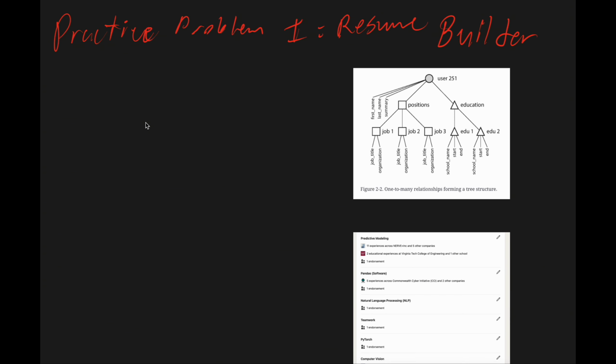So to solidify our conceptual understanding, let's go over a practice problem to further understand how we apply relationships between different databases, between relational versus document models. In this example, we're going to be focusing on a resume builder, and we're going to be creating a professional social network platform which stores user profiles, including past job experiences and education.